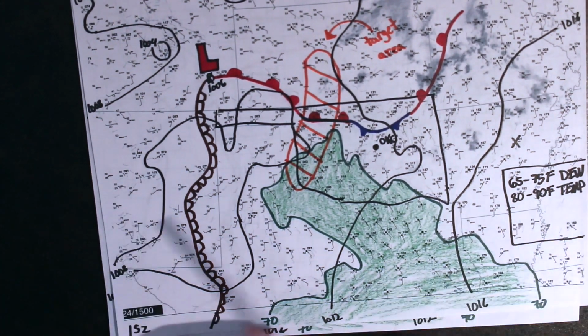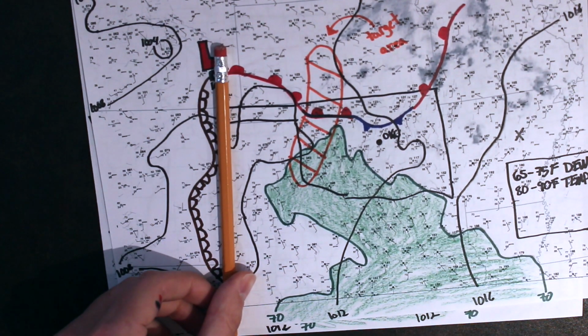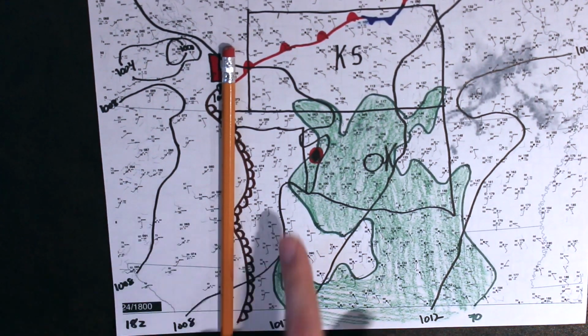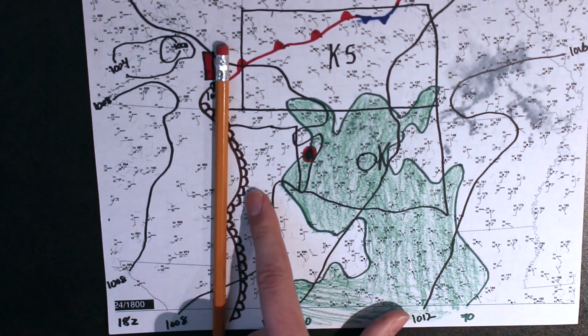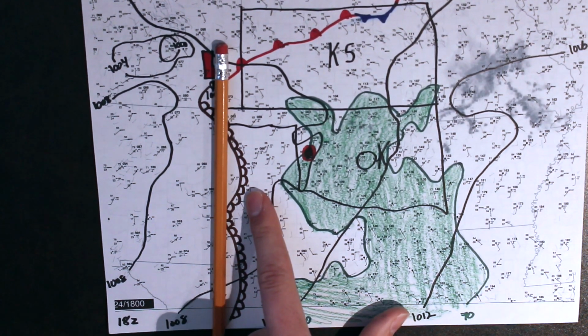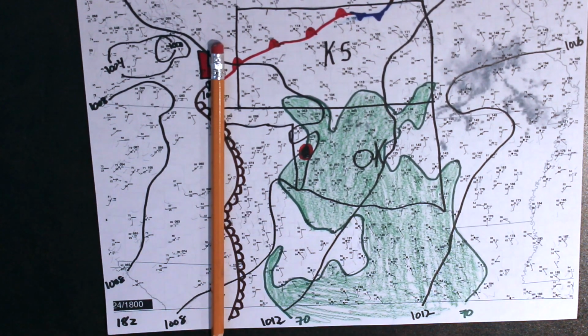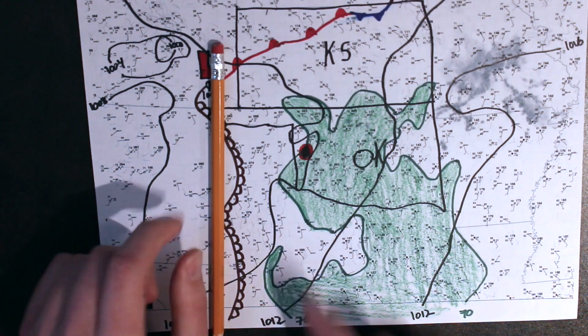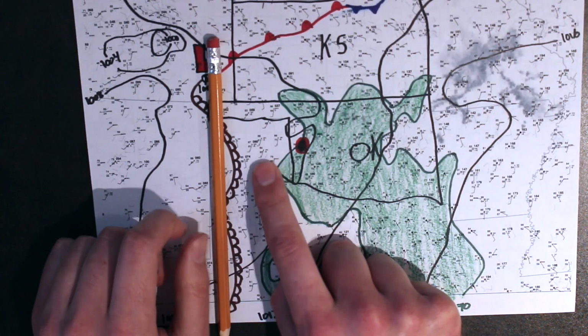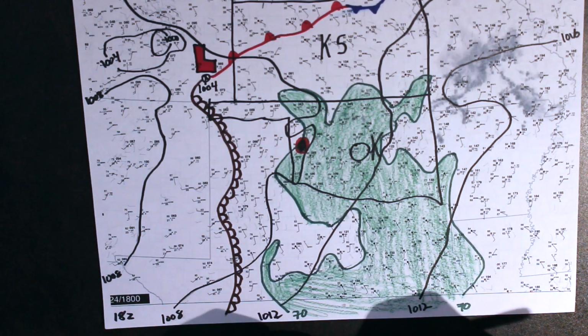The Texas border is right here, and you can see that our 18Z map, our dry line, is now advanced, as it's now into the Texas panhandle. At 1 p.m. it is getting closer to us now, and there is a bulge in the dry line. Now I'm going to use this.